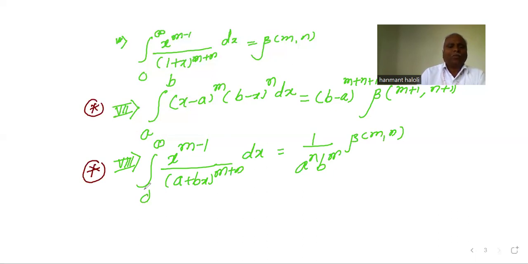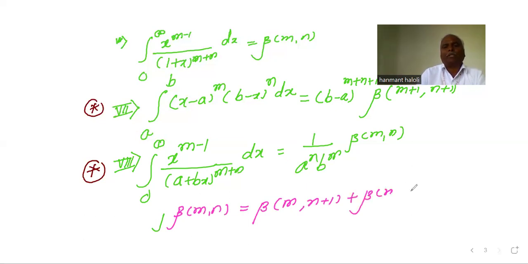Now there are some additional properties also. Beta m n can also be written as the sum of two beta functions, that is beta of m plus n plus 1 plus beta of m plus 1 and n.